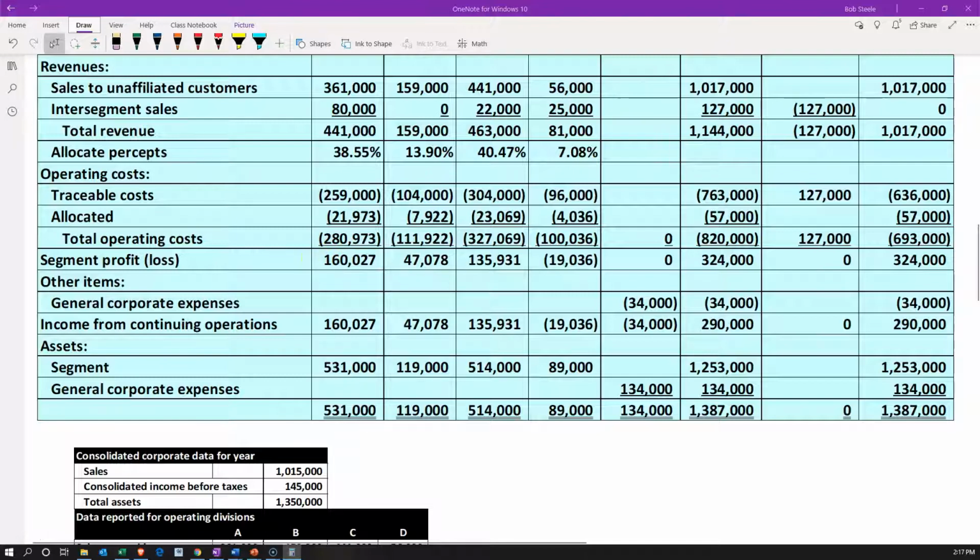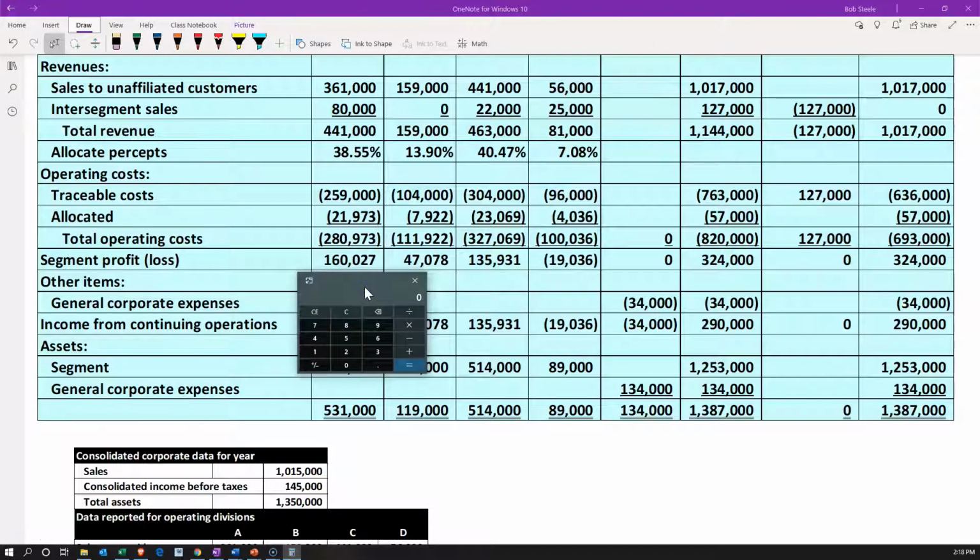Now we have the segment profit, and if we were to do our division problems here, we'd say, okay, 160,027 over the total of, and this one's actually a little bit tricky because we have a loss on this division. So this total includes a loss. So we're basically going to eliminate the loss. And there's a couple ways you could think about that. You could say, okay, this 324,000 plus adding back the loss is 19,036.